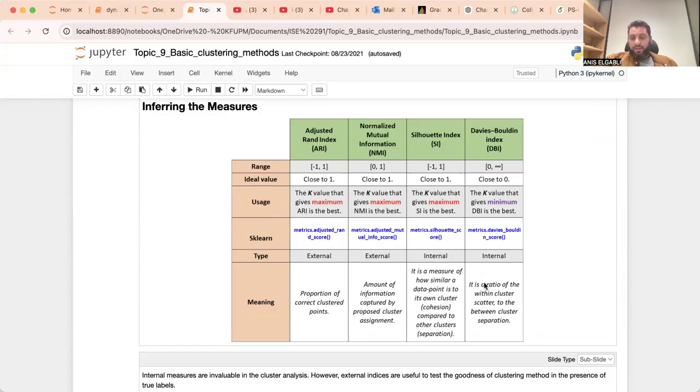Okay, for example, let's look at this one here. It's the ratio of the within cluster scatter to the between cluster separation. So now think why lower is better. If the points within a cluster are very scattered compared to the separation between clusters, then the value is high, because it's the ratio of that, right?